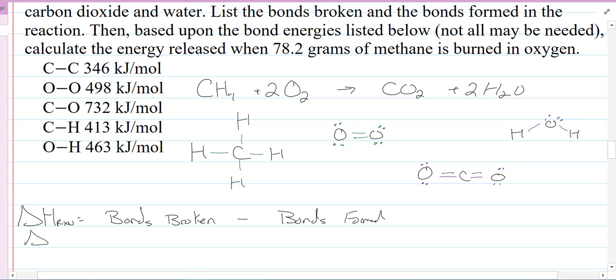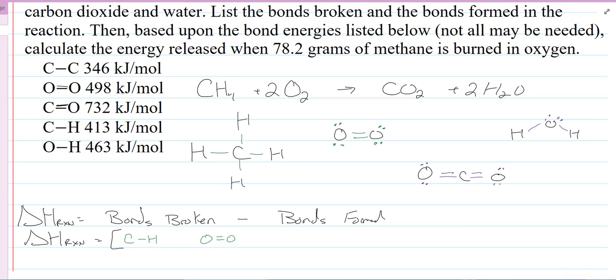Bonds broken, I have CH and I have OO. Just so we know, I was in class showing you these are double bonds. They're just not in mine.